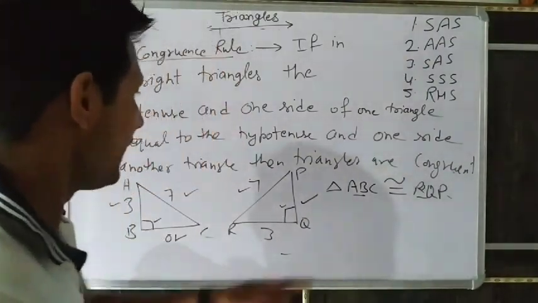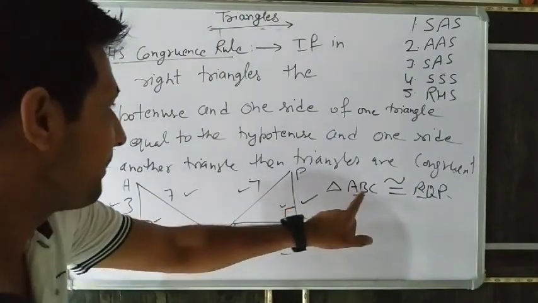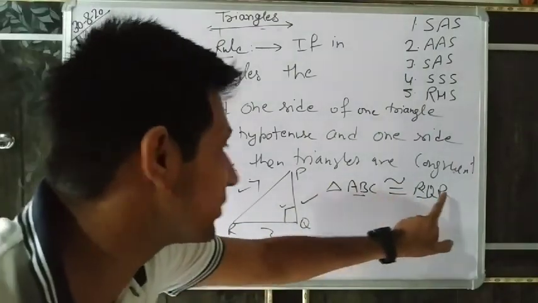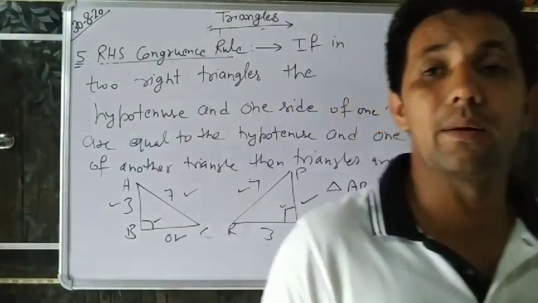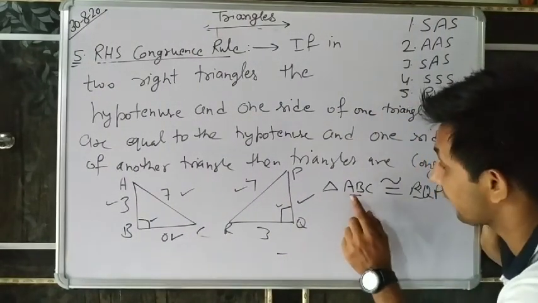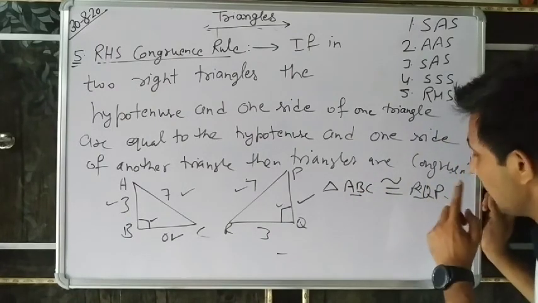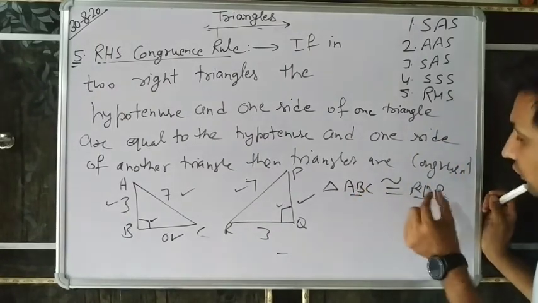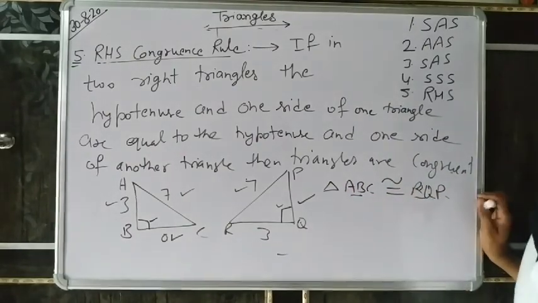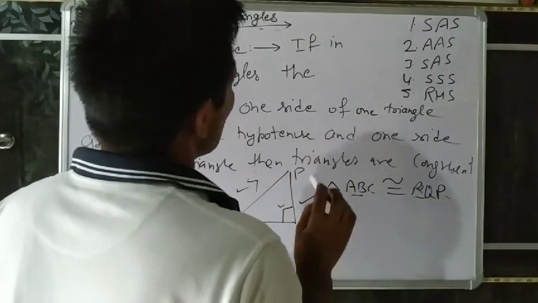And angle A equals angle R. Second, angle B, 90, equals angle Q. And angle C equals angle P. After we prove the two triangles are congruent, we check the corresponding parts from here. Angle A corresponds to R, B to Q, C to P, BC to QP, AC to RP, and AB to RQ.